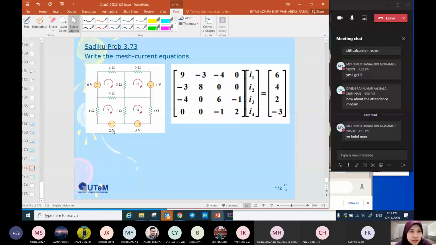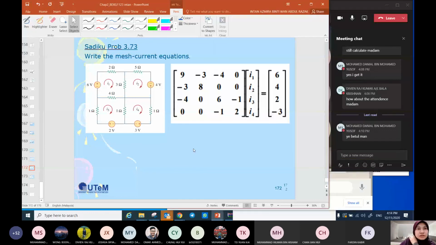In loop 4, no I1, no I2, I3 only 1, so minus 1, and then 2 I4, and then the positive 3 becomes minus 3 here. Please solve; we cannot solve using the old version of calculator. Understand or not? Can understand or not?